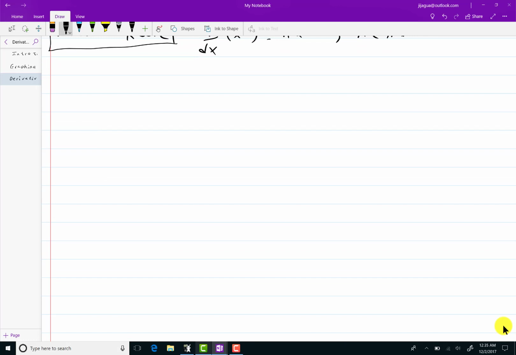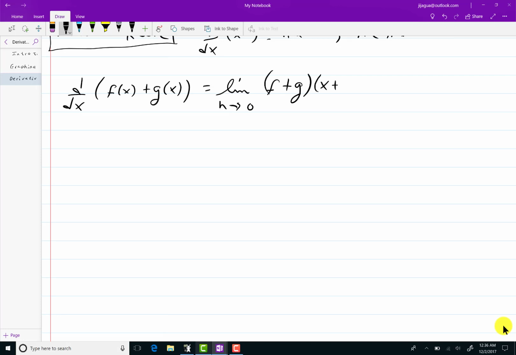Now what about the derivative of f of x plus g of x? This equals the limit as h goes to 0 of (f plus g)(x plus h) minus (f plus g)(x), all over h.